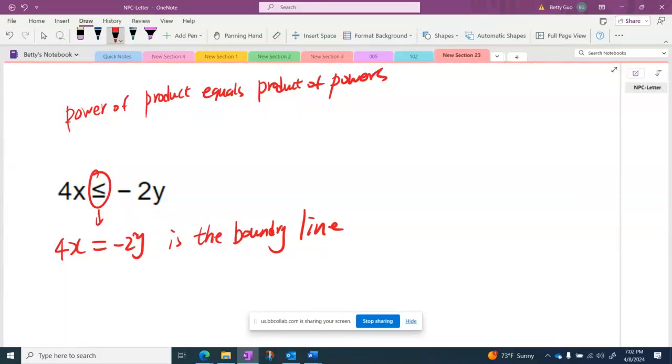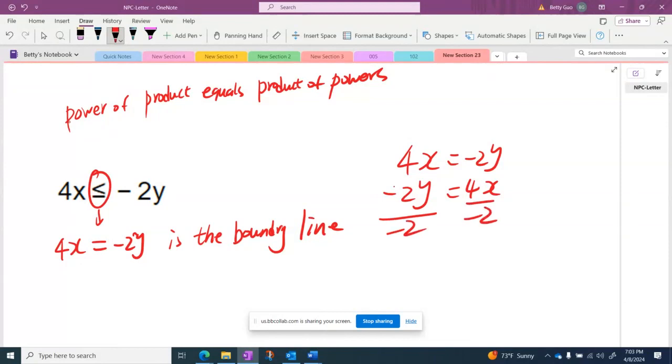Let's take a closer look at the boundary line. The boundary line is 4x equals -2y. I want to switch the 2 sides. I have -2y equals 4x. Same thing, right? And I don't like this -2 here. I divide by -2. I have y equals -2x.